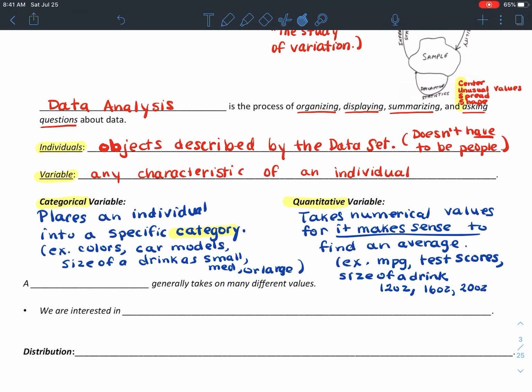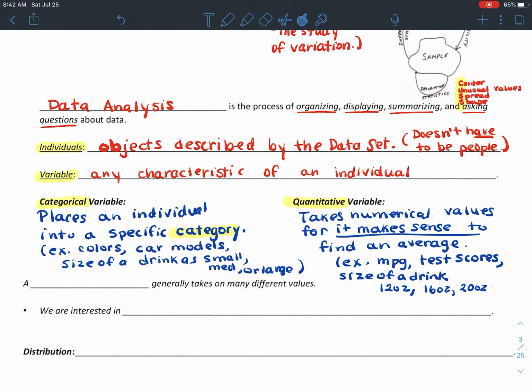If we were talking about, say, a zip code, think about a zip code. It's a 5-digit number that's really more like a category than it is some type of numerical value where it would make sense to say, I have these 5 different cities, and this is what the average zip code was from those 5 cities. That doesn't make any sense to add them up and divide.